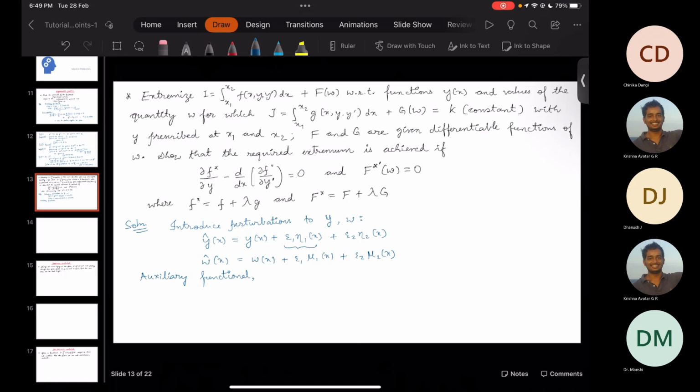Let's call it P. P is equal to I plus lambda into J minus k. Fine. So this is our auxiliary functional. Let's expand it by putting all our expressions here, and let's do it on the next slide.